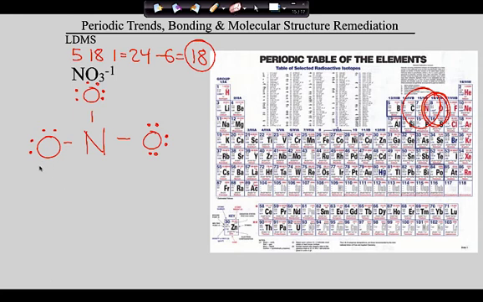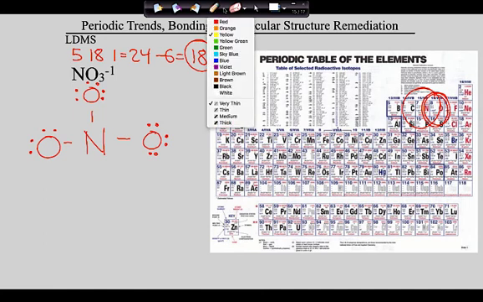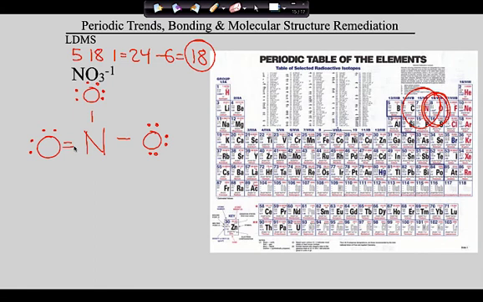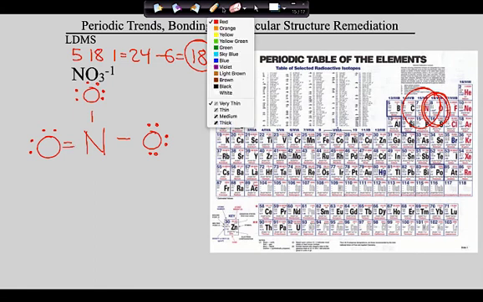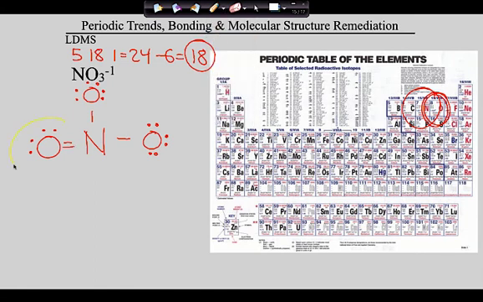So I just removed 2 electrons from the oxygen on the left, and when I push those electrons into the middle, if we take a look at our oxygen, it still has 8. Now our nitrogen has 8, they all have 8, and that would be the Lewis dot structure for NO3, remembering that the last thing we need to do is put this in brackets and add the charge.